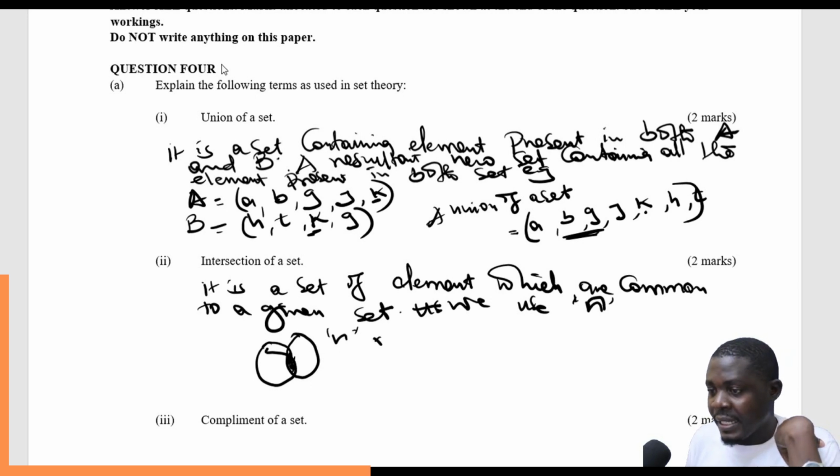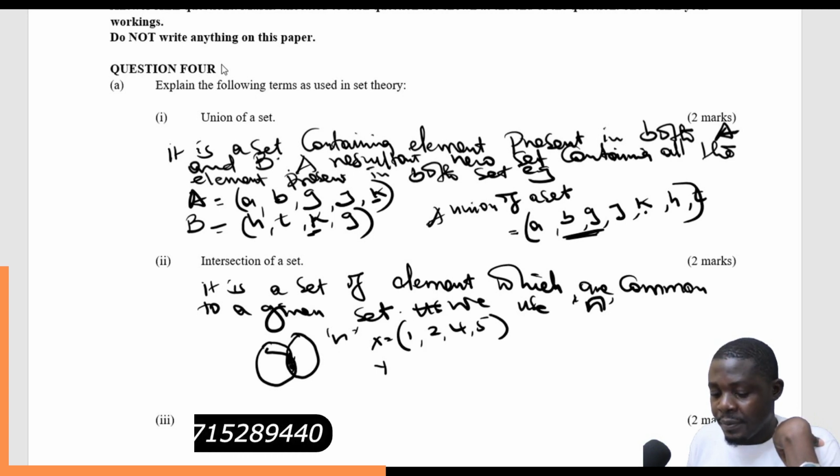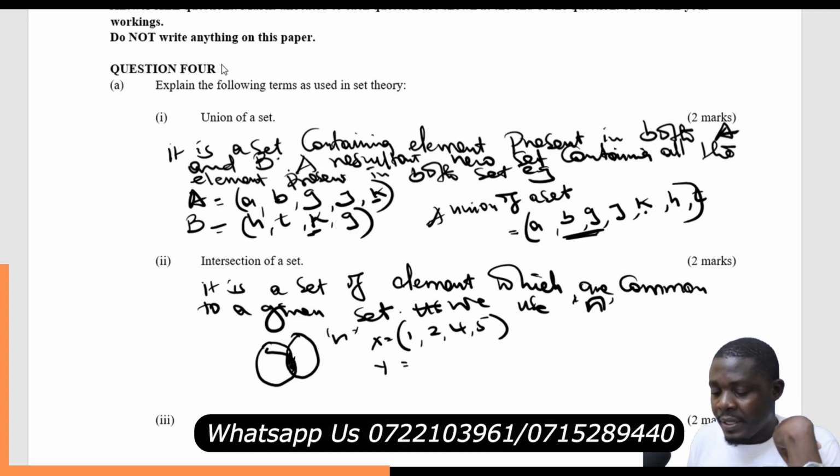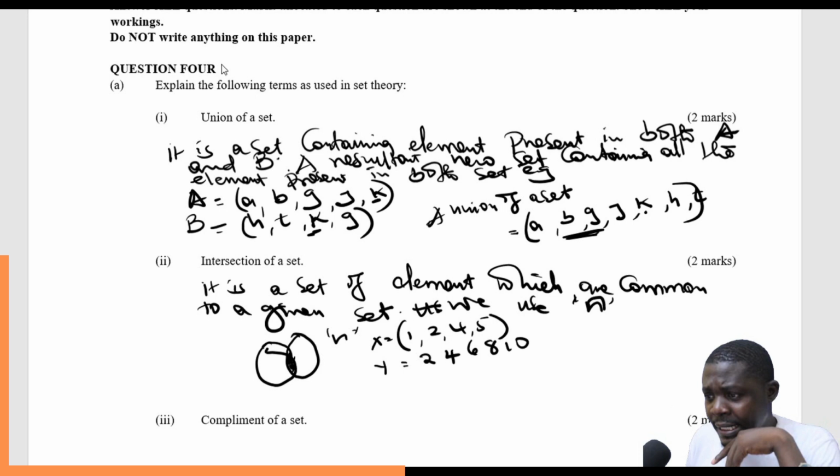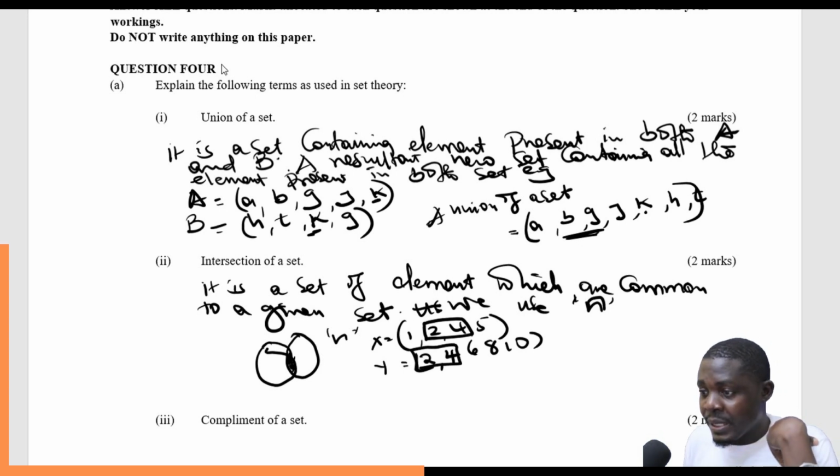For example, you can say X and Y: X has this particular set 1, 2, 4, 5, and then Y has 2, 4, 6, 8, and 10. Now you realize that this particular point 2, 4 also appears under set Y, meaning they're intersecting at that particular point.